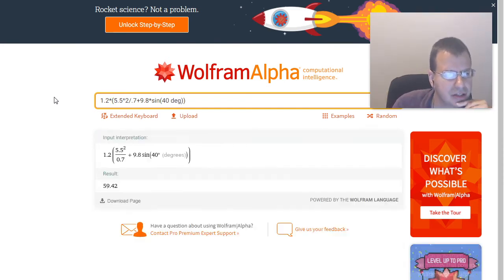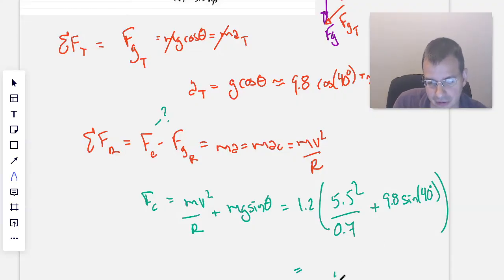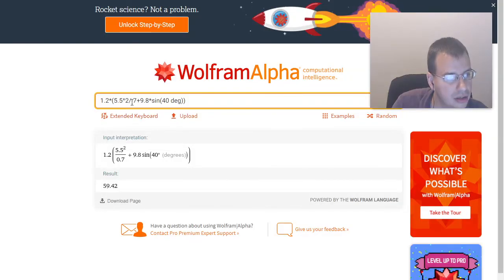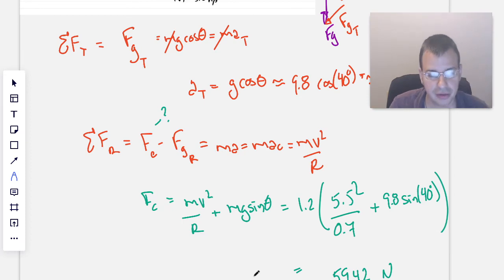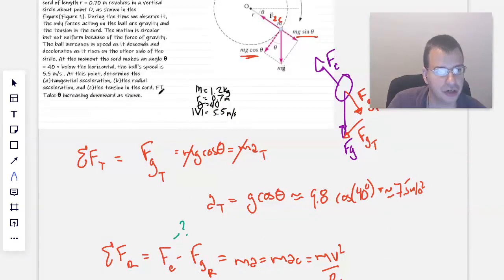That's probably right, and it gives us 59.42 newtons. Make sure I squared that speed real quick. Yep, I squared the speed. That looks reasonable, I'm good with that. So this is going to be our answer to part C, which is our force tension, the tension of the cord.